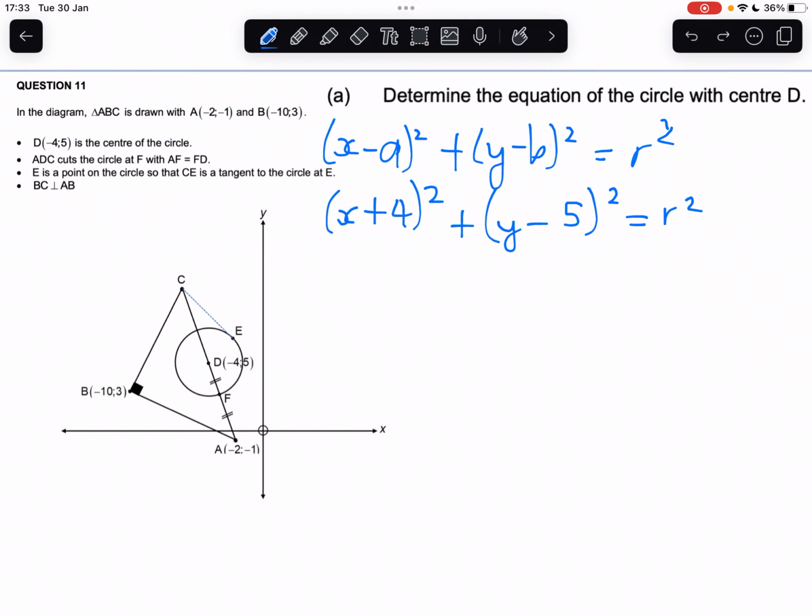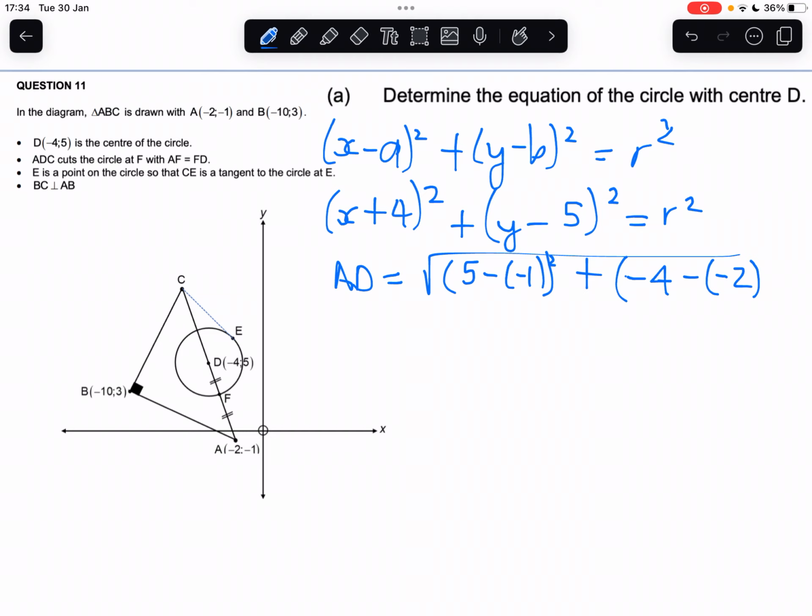So we're going to work out the length of AD using our distance formula. So that's going to be 5 minus -1 squared plus, why did I start at the y coordinates? That's so interesting. Anyway, -4 minus -2 squared. So the difference between the y coordinates squared plus the difference between the x coordinates squared, and we can use a calculator for this.